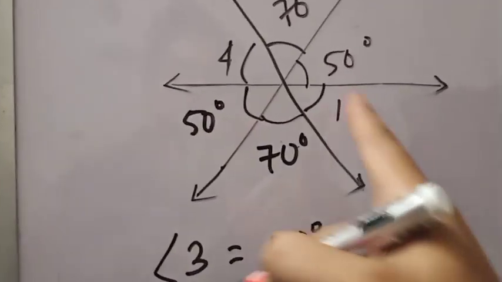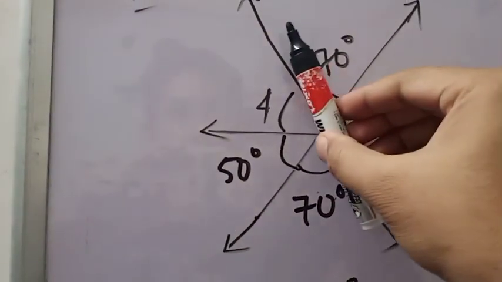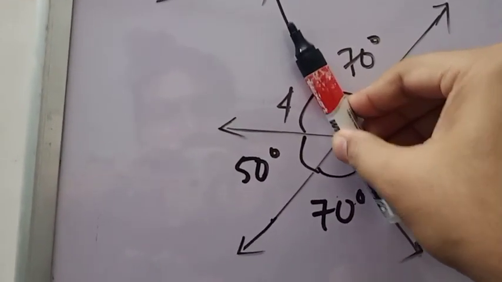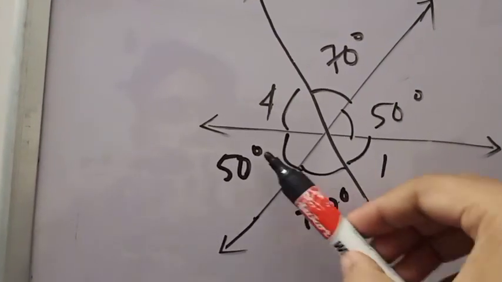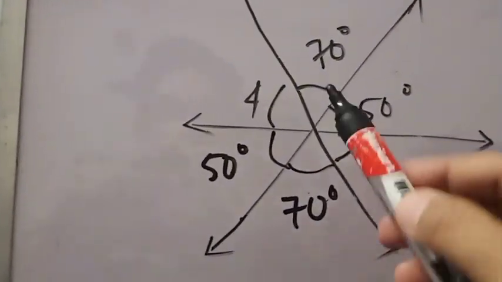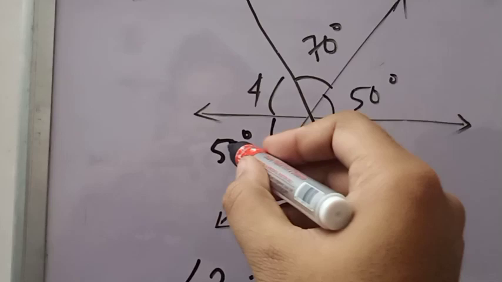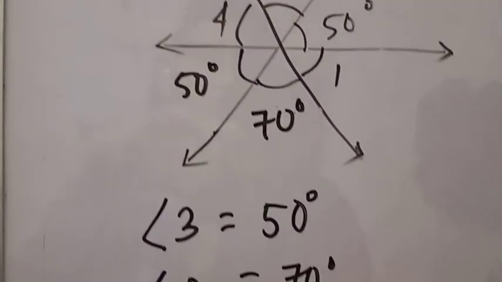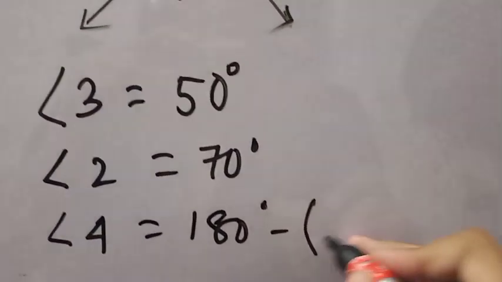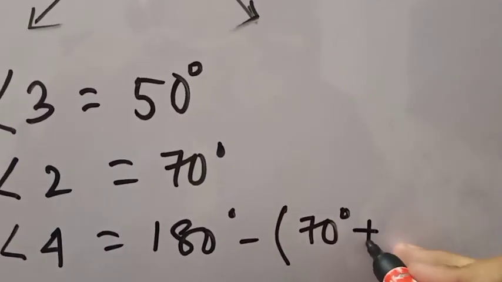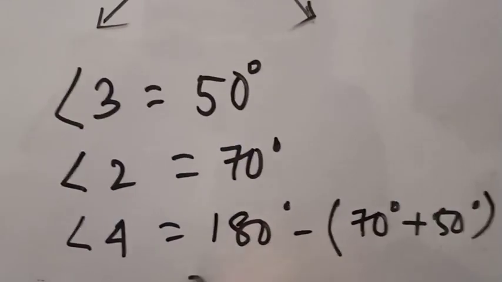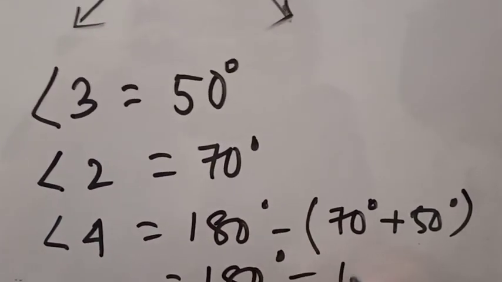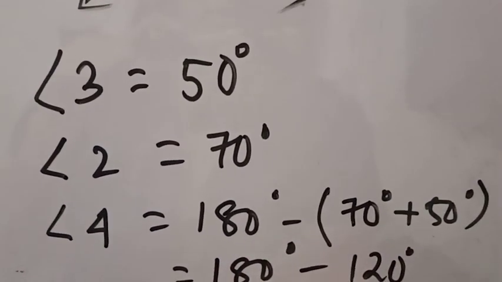Now we have to find 1 and 4. If we see this line, this is the straight line and this is the linear pair. So two angles we have found and the rest is 180 minus 50 plus 70. So angle 4 equals 180 minus 70 plus 50, that is 180 minus 120, that is 60.